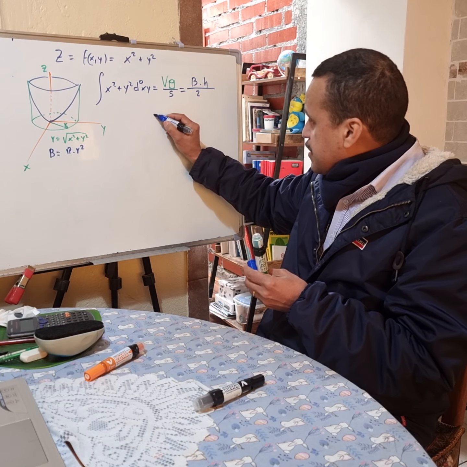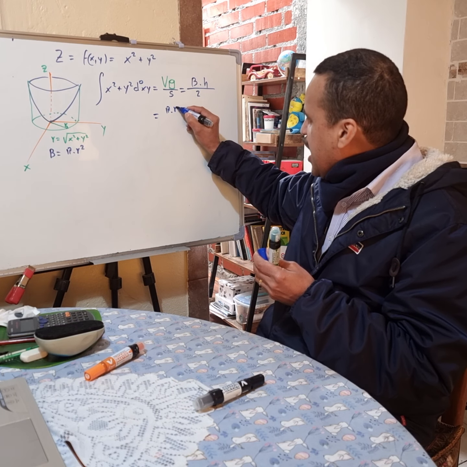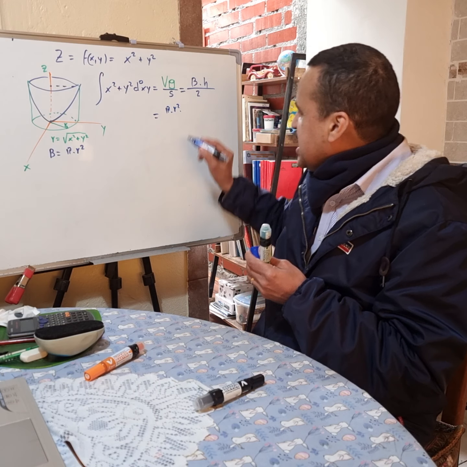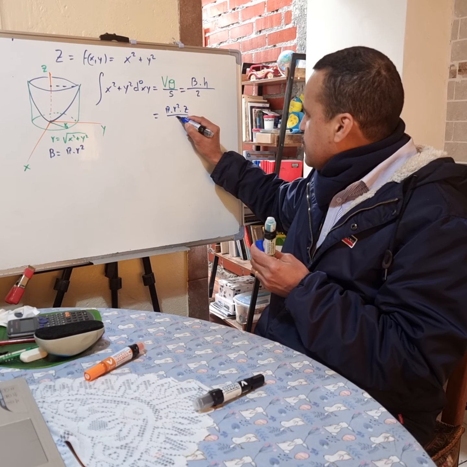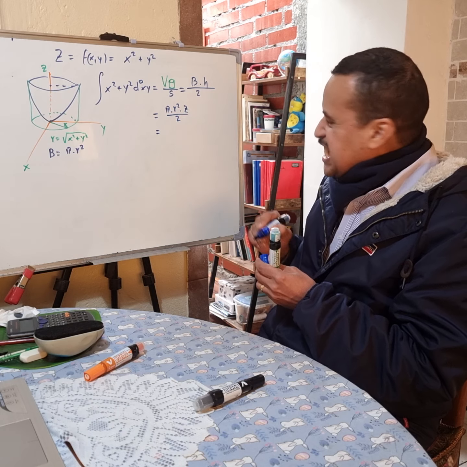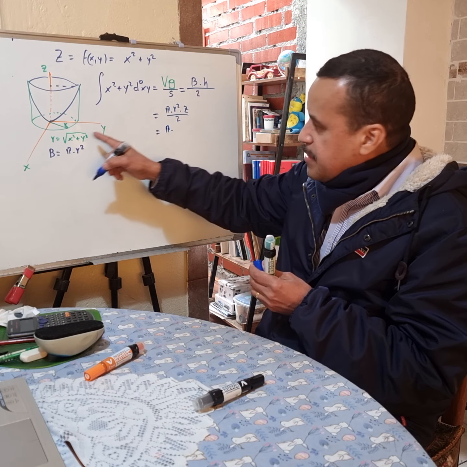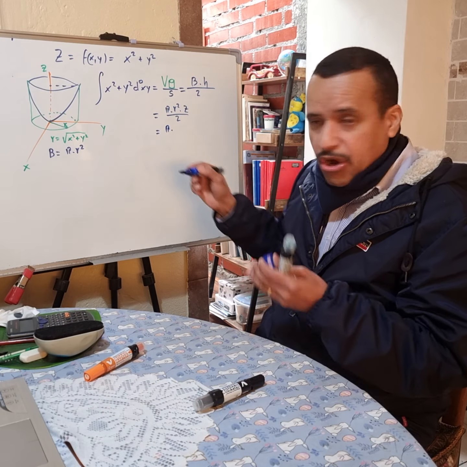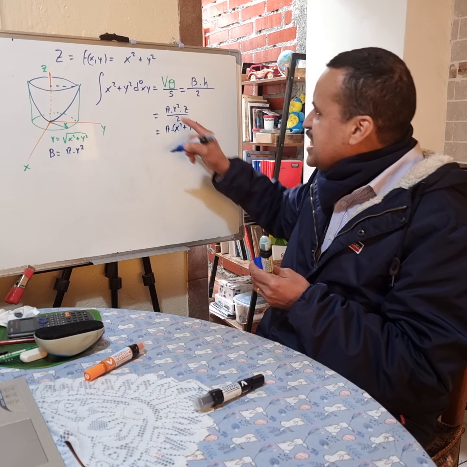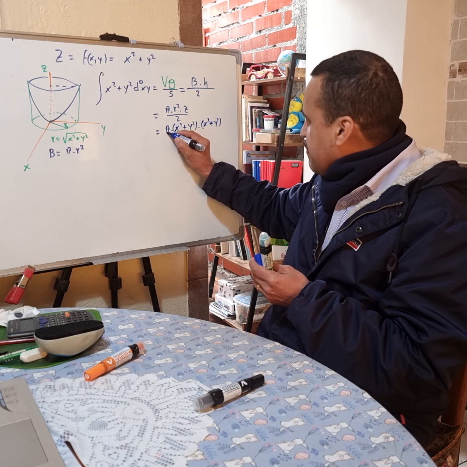And the formula is going to be now the base, which is pi times r squared, times the height, but the height is z. The height is z divided by 2. And we plug in the value of that r and the z, and we have pi times r squared, the square and the square root are gone, and we have s squared plus y squared times z, which is s squared plus y squared, divided by 2.